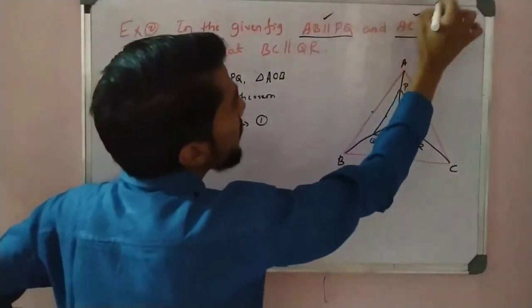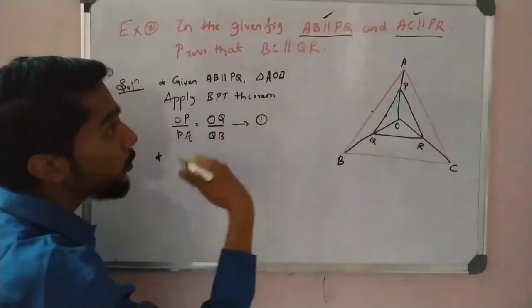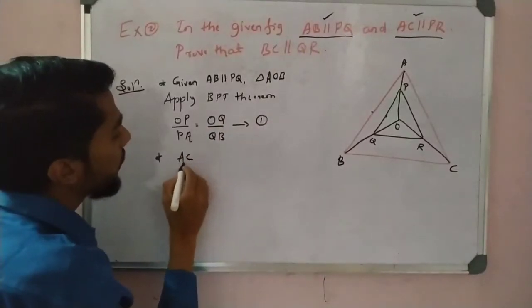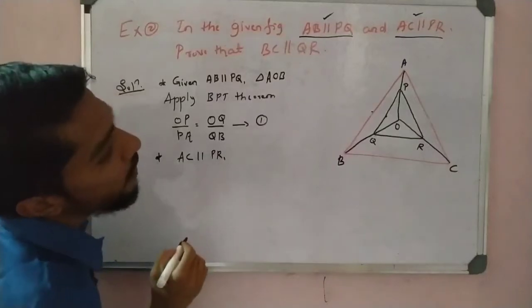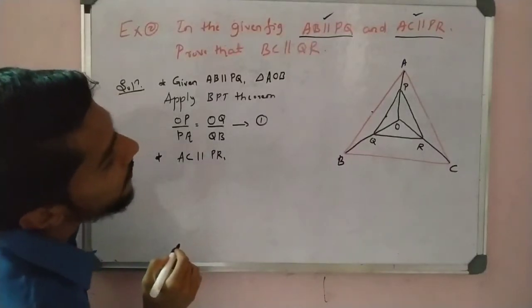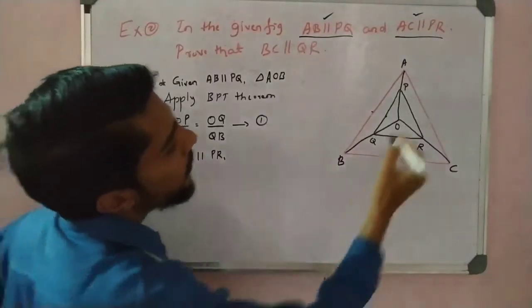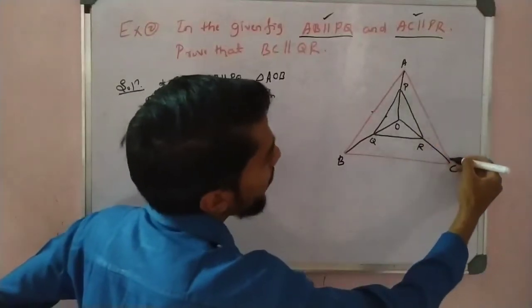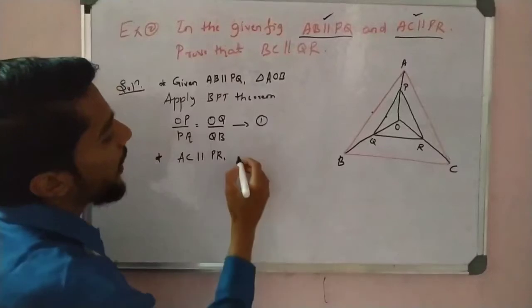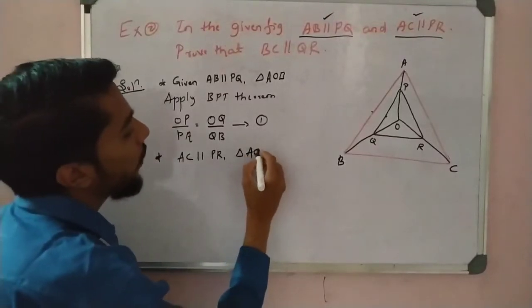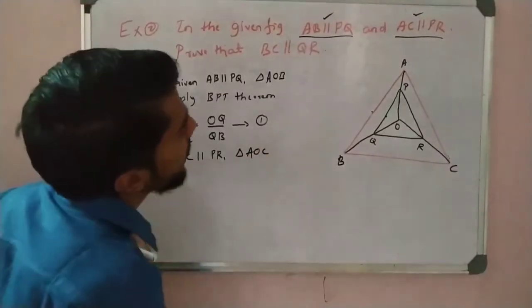Now this is finished, now this is taken. Why did we take that? Because we have to select the triangle. AC is parallel to PR. If like that, which triangle is selected? See here, AC parallel to PR, so the triangle selected is triangle AOC.